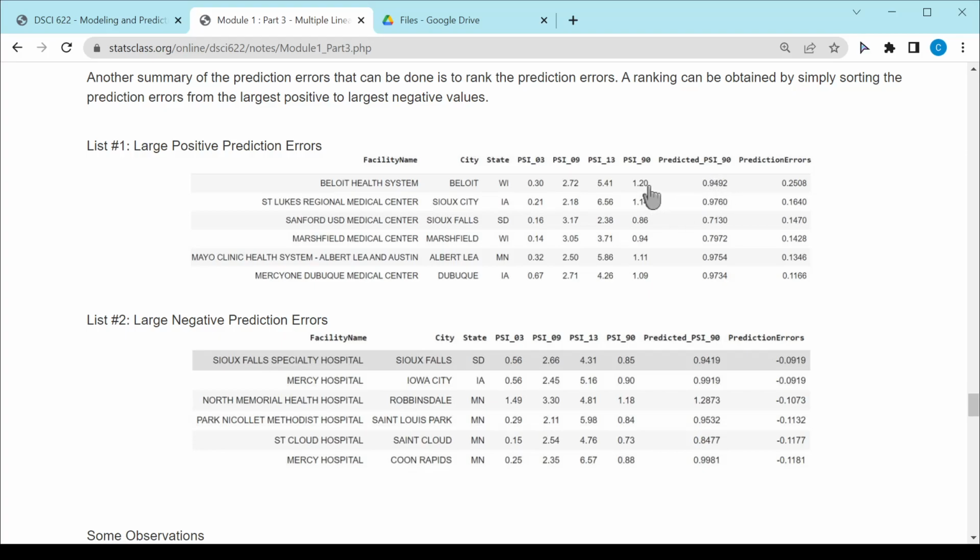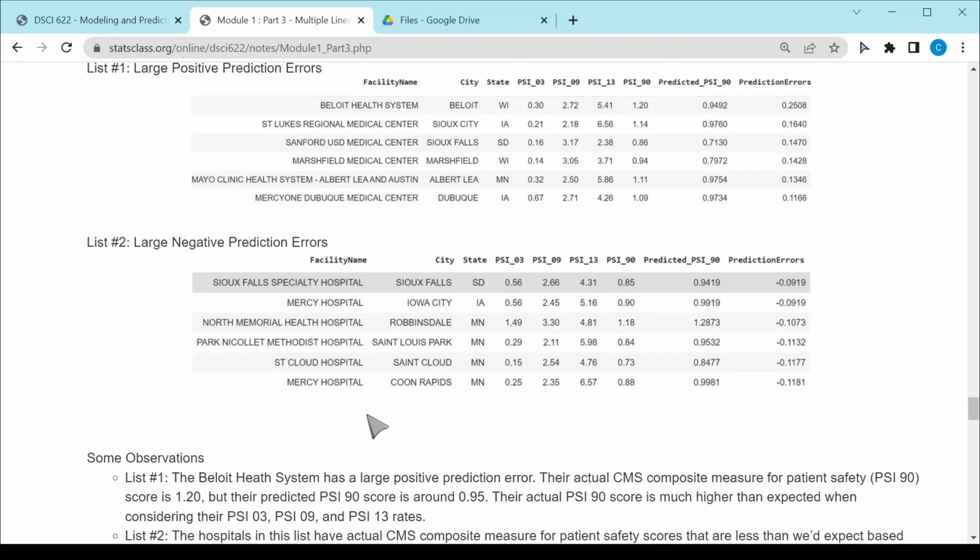On the other hand, the large negatives, Mercy Hospital in Coon Rapids here, their actual PSI 90 score was 0.88, and I predicted it to be 0.99. So again, they are well under what I predicted it to be. Another here is St. Cloud Hospital.